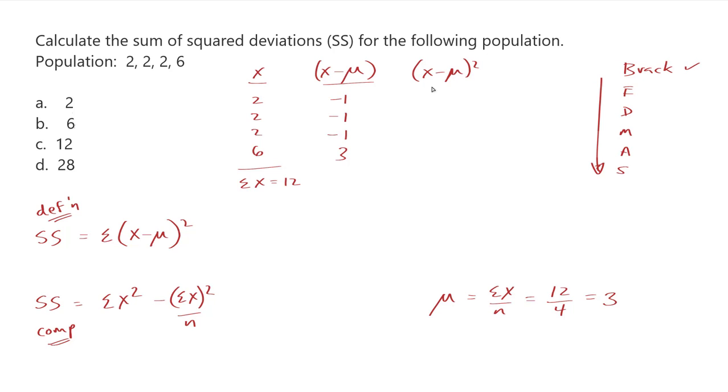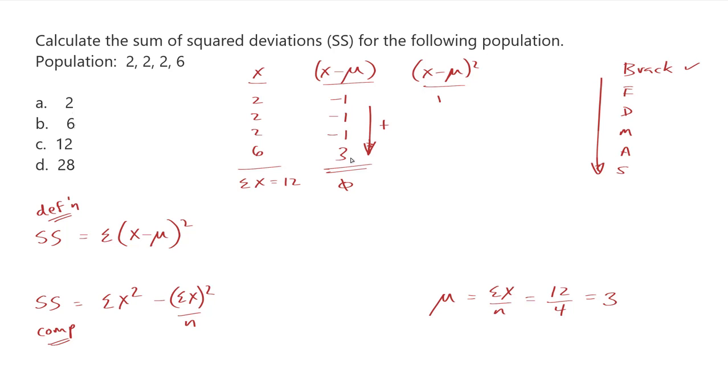Now what comes next is exponents, and so that does mean that I'm going to square things next. For example, I'm going to have -1 squared is 1, and so on. But I want to show you what happens when I add here. -1 plus -1 plus -1 makes -3, plus +3 makes 0.